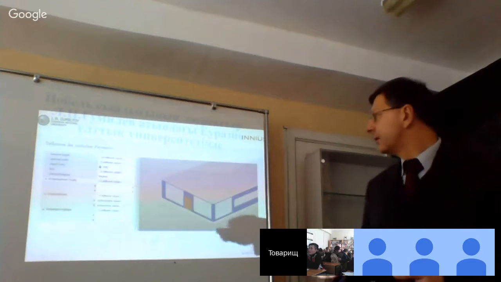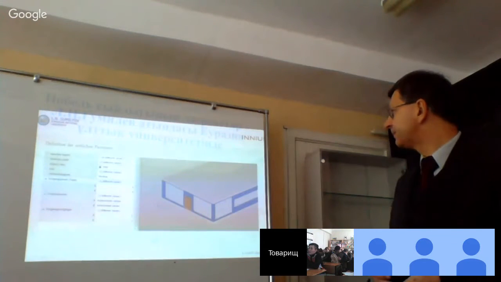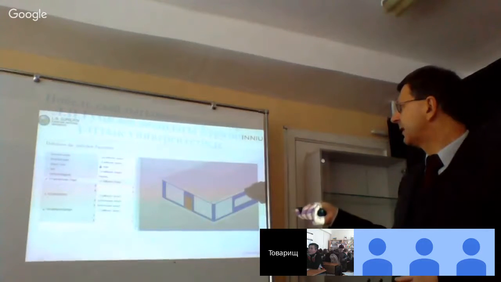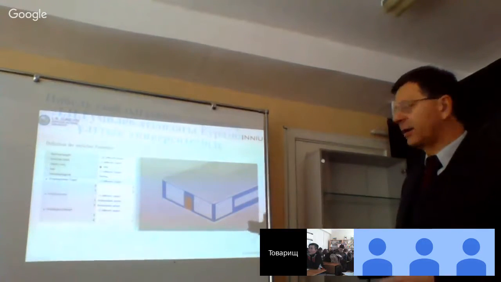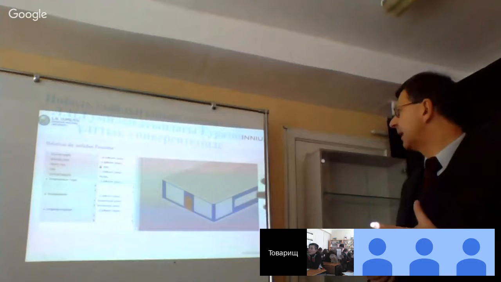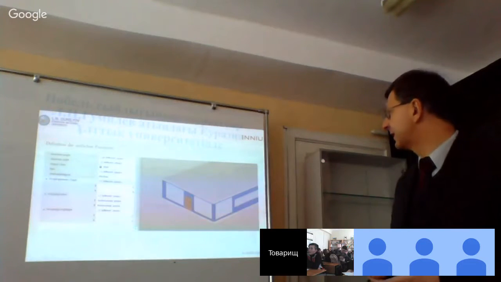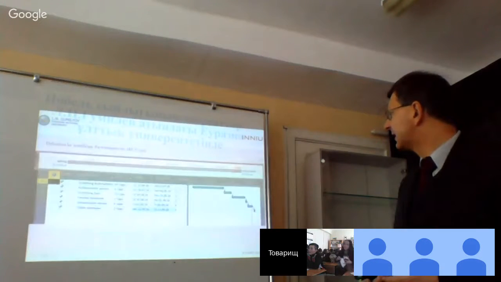I have here a small example where you see the model and you see the element, and then you can say, okay, that's the time frame for the element, and what is necessary before is also included.